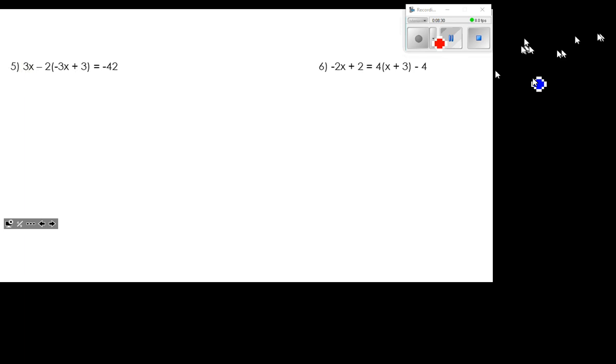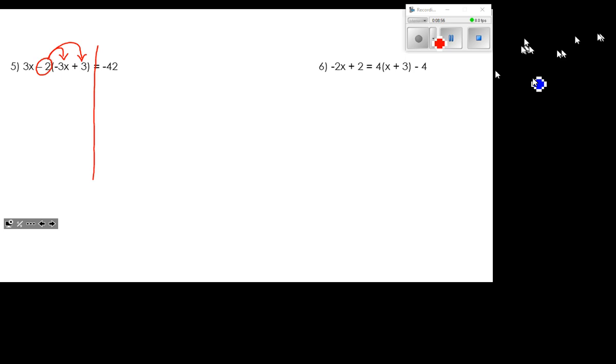Question number 5. I see parentheses, so I know I'm going to distribute. I'm going to go ahead and circle the number and the symbol that is in front of those parentheses. The distributive property means we're going to multiply to everything inside the parentheses. So I'm going to draw arrows so I remember to multiply to everything in the parentheses.